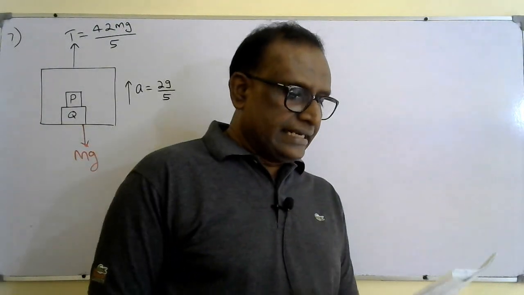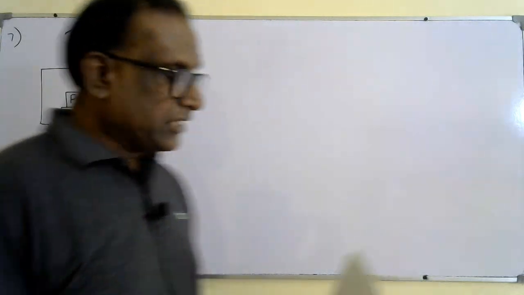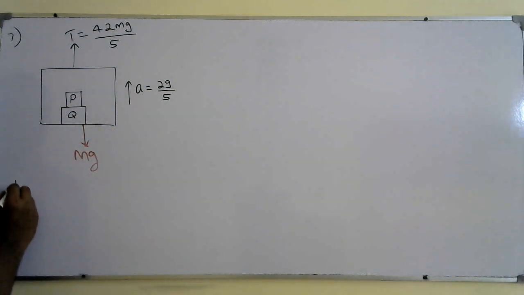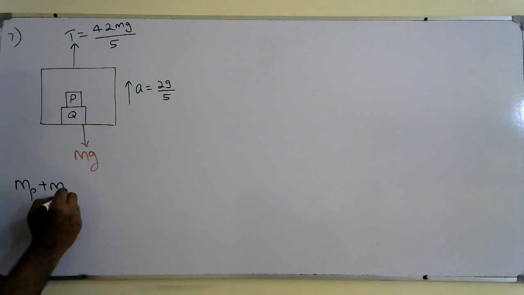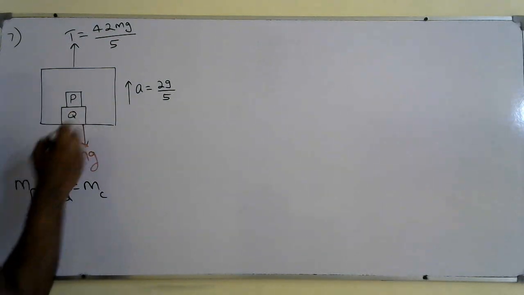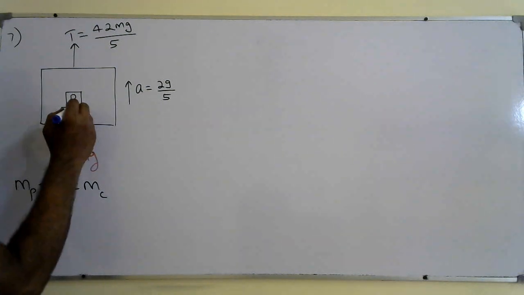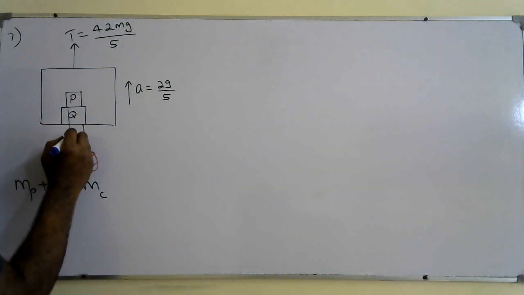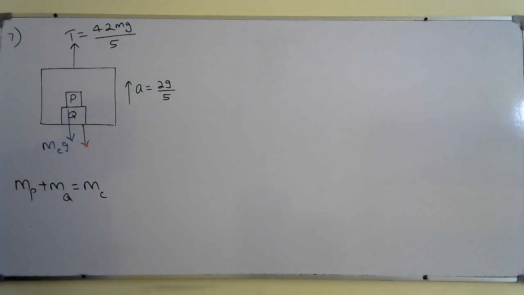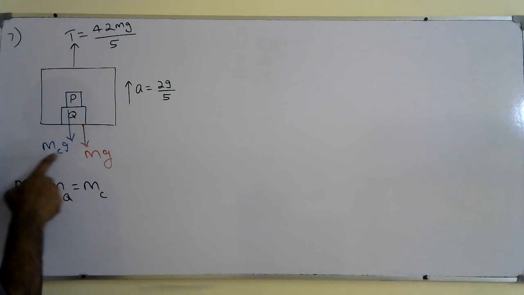Using the model, find, in terms of M, the mass of the lift cage, the combined mass of P and Q. If I say the combined mass of P plus Q is Mc, then due to that there will be weight acting downwards, which we can take as Mcg. This mg is the weight of the lift cage. We need to find the value of Mc in terms of M.